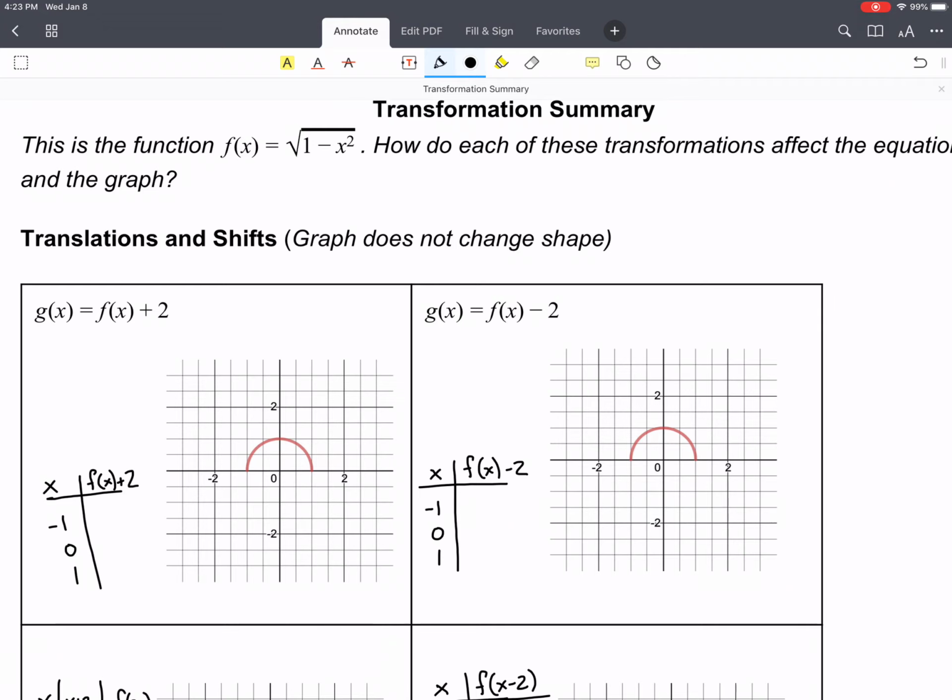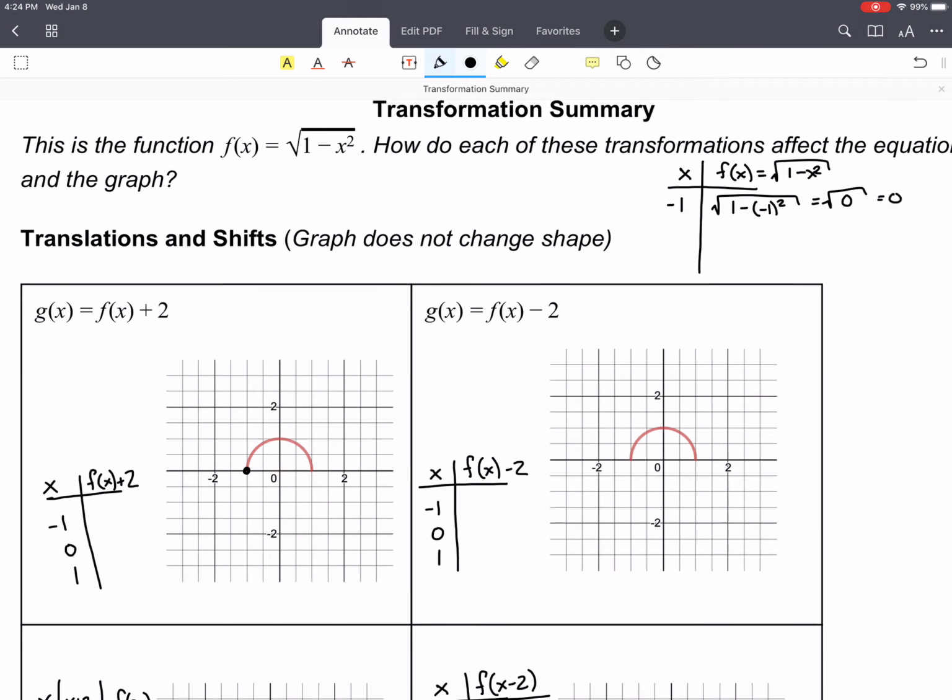Something to notice, if we create a table for x and f of x, when x is negative 1, I get the square root of 1 minus negative 1 quantity squared, which is the square root of 1 minus 1, or the square root of 0. So I get 0.